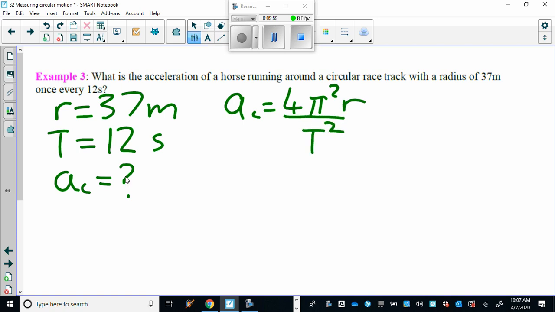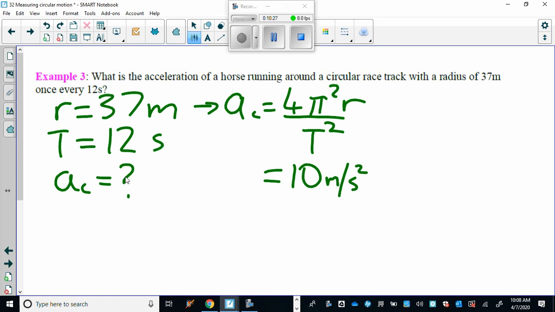This is where this formula comes in very useful. Just plug in the numbers. It's a pretty straightforward one. The answer turns out to be 10 meters per second squared.